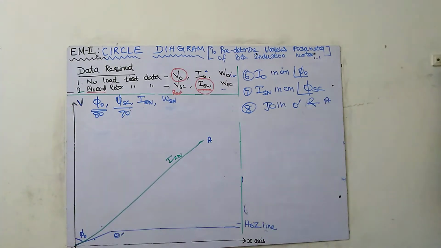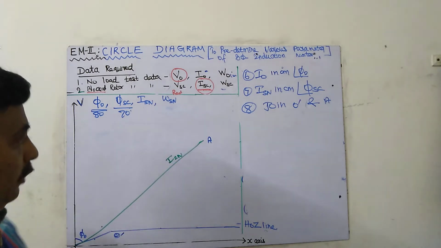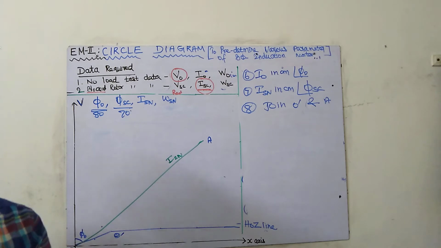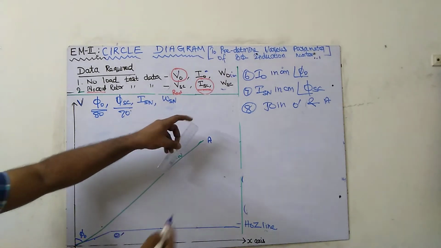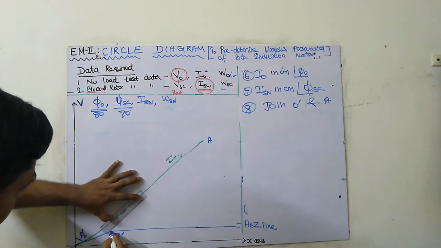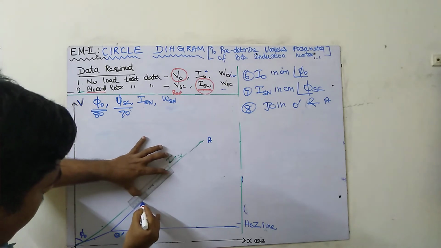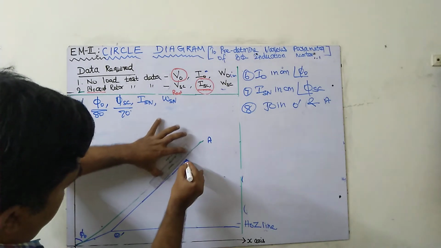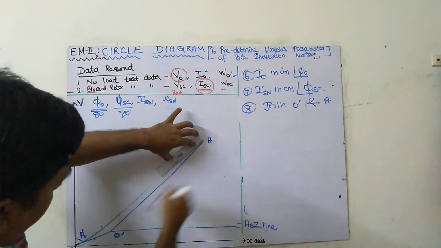I will take my notes, then only I will remember all these things. This is the 8th step, join O dash A. I have to join these two points.